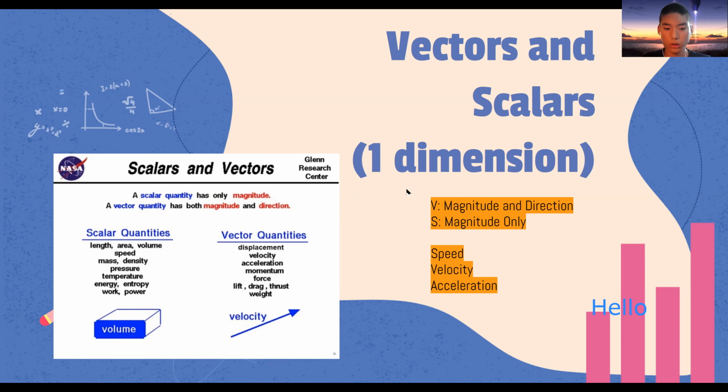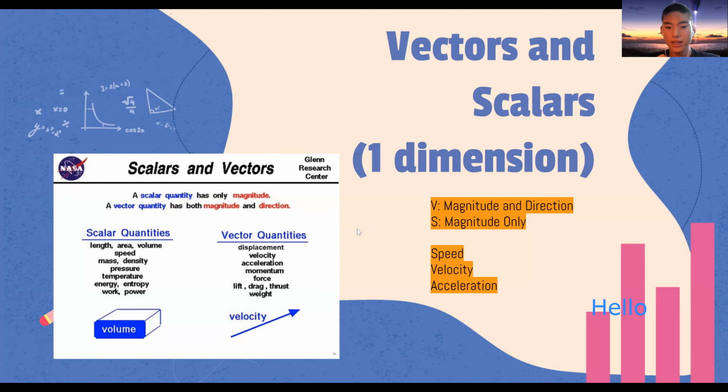So your total displacement is actually 0, because displacement measures the distance between your starting point and your ending point. It's the final minus your initial point, and that tells you the displacement.